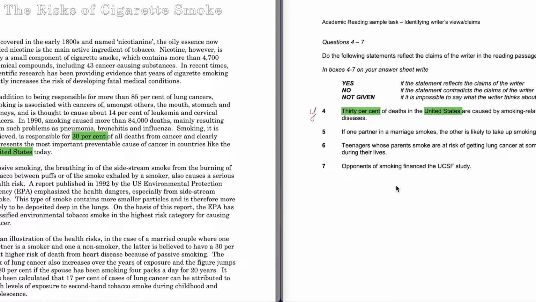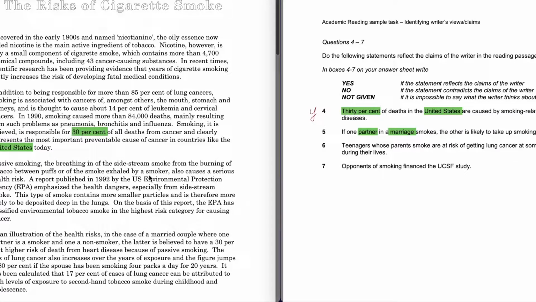If one partner in a marriage smokes, the other is likely to take up smoking. Our keyword is going to be partner, and another word is going to be marriage. So we scan and try to find any information related to the partner and to the marriage. Here we scan the first and second paragraph. There is no information about this partner or anything about marriage.